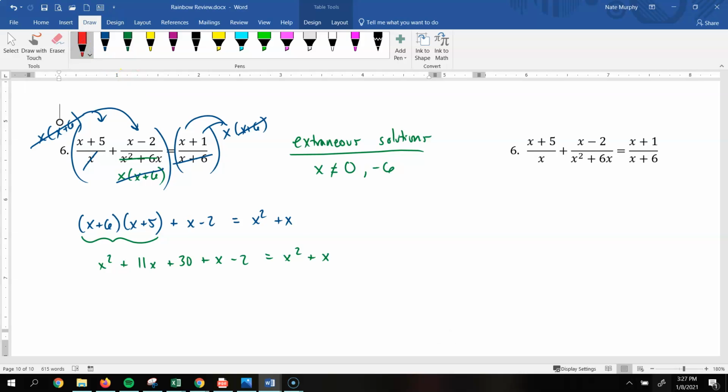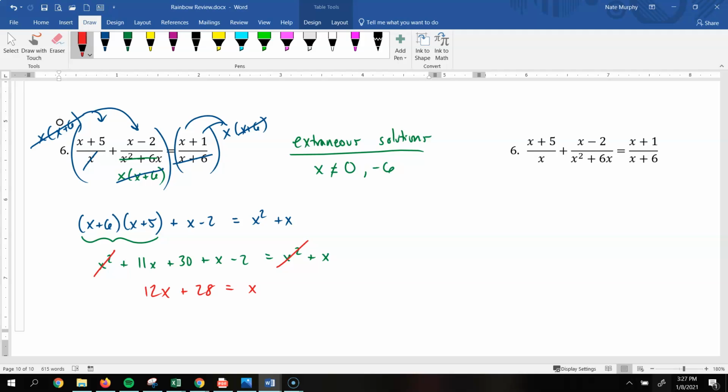So I'm going to simplify some things. I'm going to recognize that I could subtract x squared from both sides. And then on the left side here, we have an 11x plus x, so that would be 12x. And then 30 minus 2 would be 28. So we have 12x plus 28 equals x.